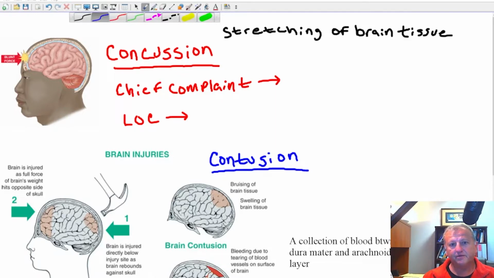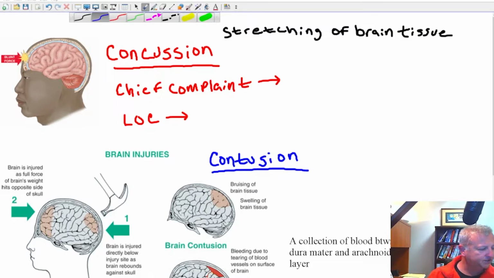It usually is associated with a contusion, but it does not have to be associated with a contusion. That's kind of what separates the difference between a concussion and a contusion. Just think about the brain tissue itself. It gets stretched out of place, causing a concussion.